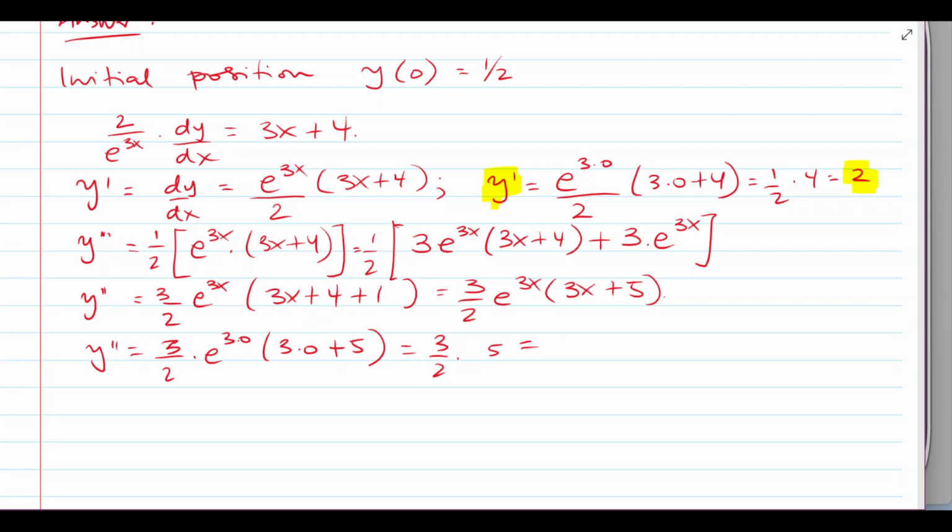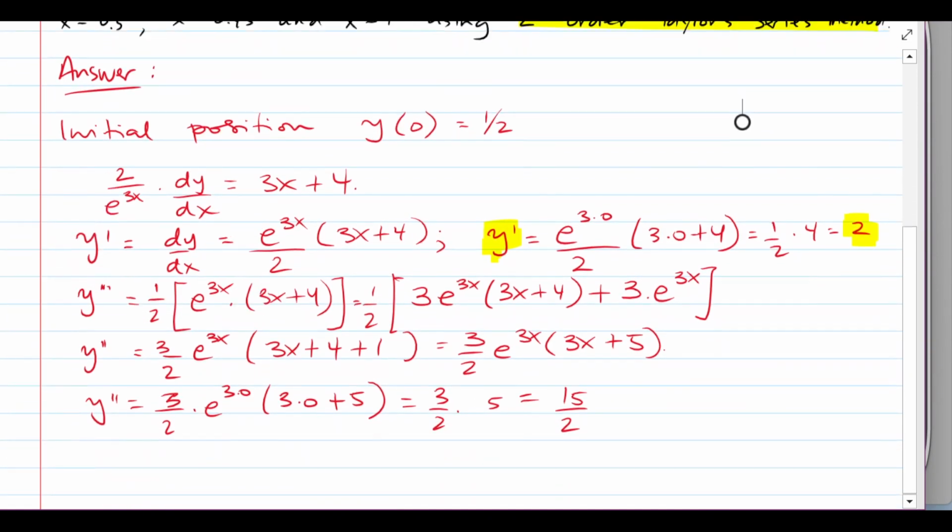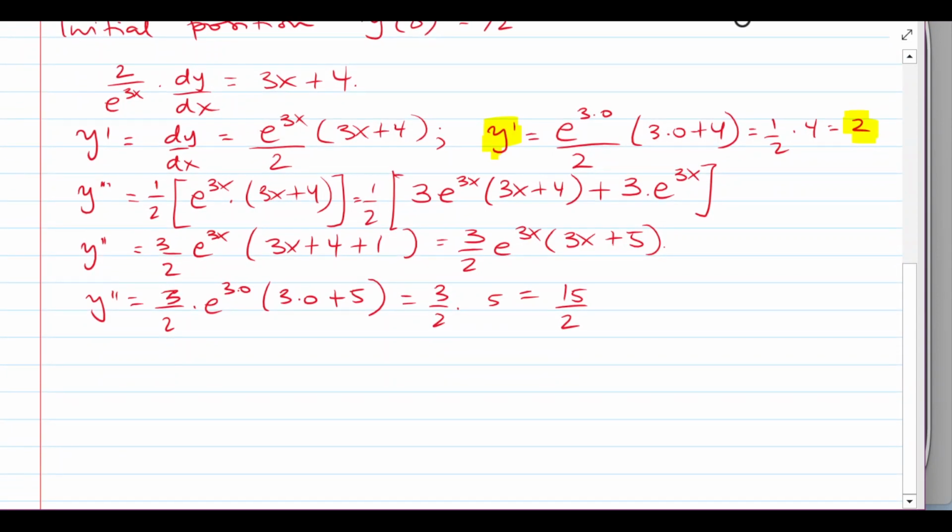So this is simply 15 over 2 as our y double prime. Because the question only asks for up to the second order of Taylor's method, we can stop here. Then directly we can use the coefficients of our Taylor series up to the second order.